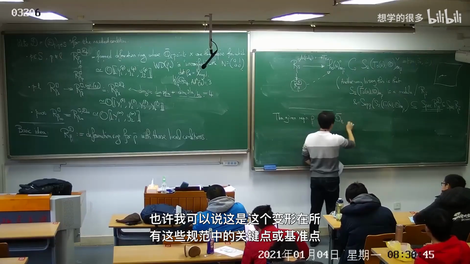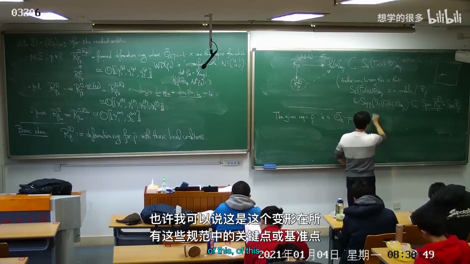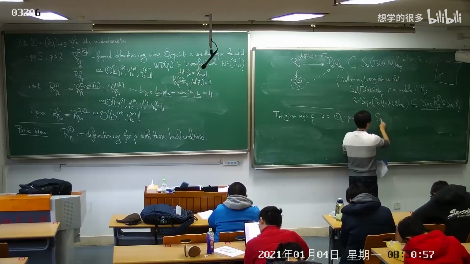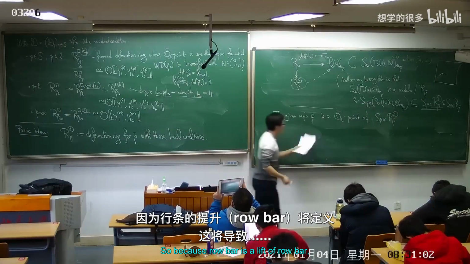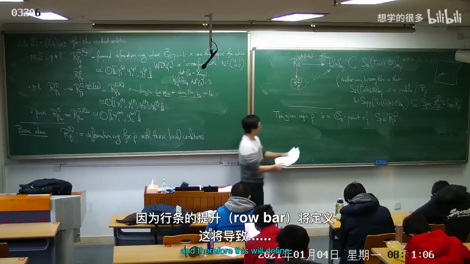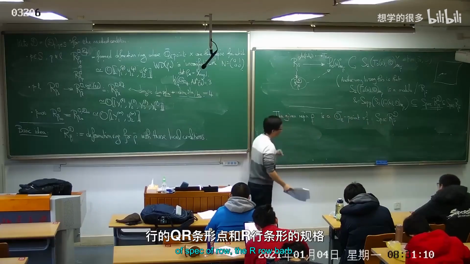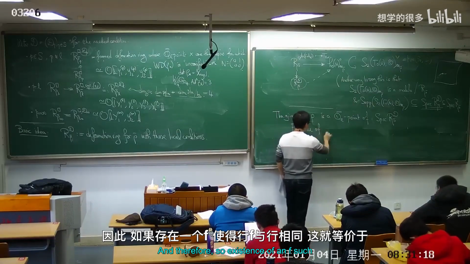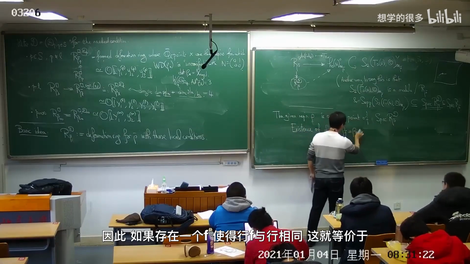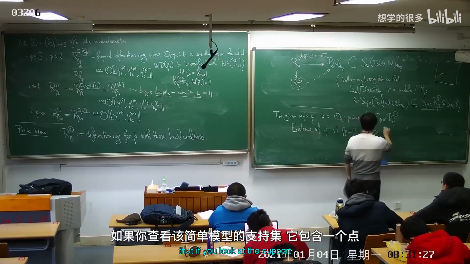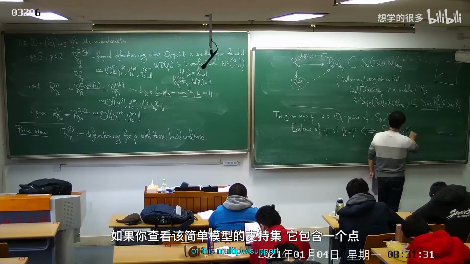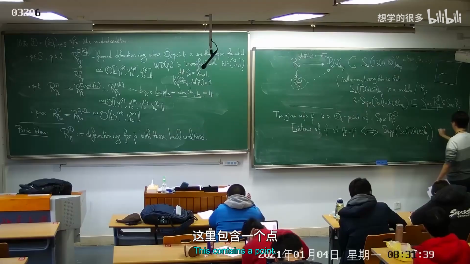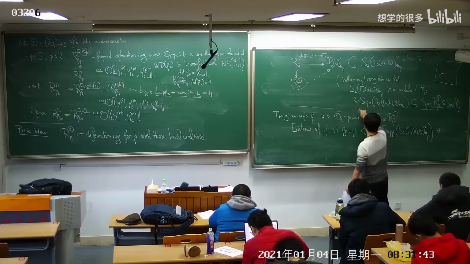Maybe I can say it's a Q_L bar point of this deformation ring, or Spec. Because rho is a lift of rho bar, this will define a Q_L bar point of Spec R rho bar D. And therefore, the existence of an f such that rho_f is the same thing as rho is equivalent to saying that the support of this module, the support of the space of modular forms, contains a point, let me call it x_rho.